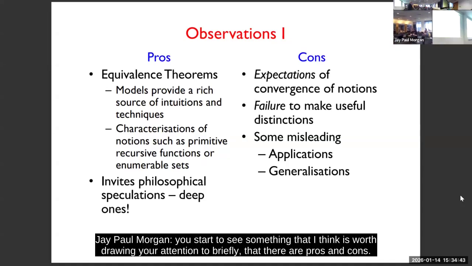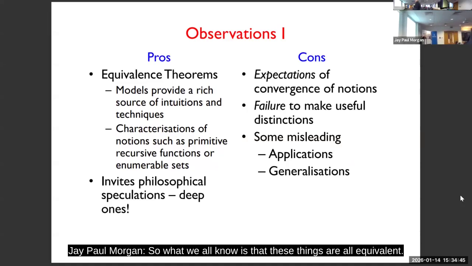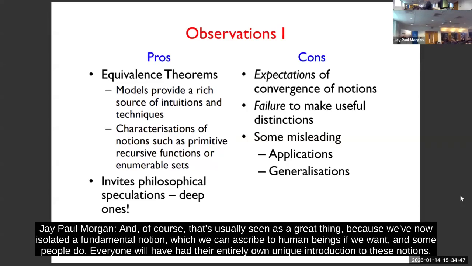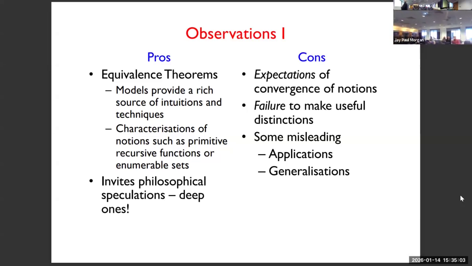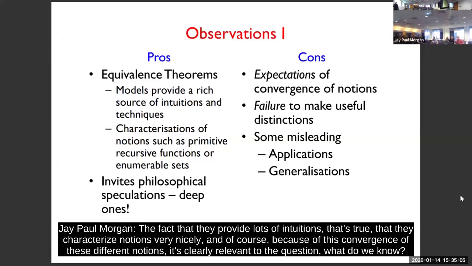And if you look at the way the theory starts to develop, you start to see something that I think is worth drawing your attention to briefly: that there are pros and cons. What we all know is that these things are all equivalent. And of course, that's usually seen as a great thing, because we've now isolated a fundamental notion, which we can ascribe to human beings if we want, and some people do, and everyone will have had their own unique introduction to these notions.